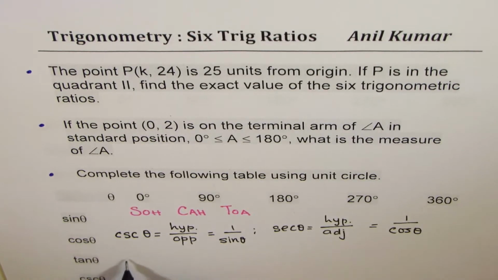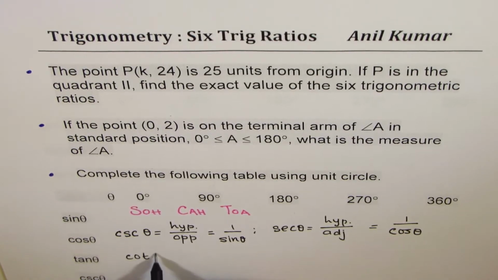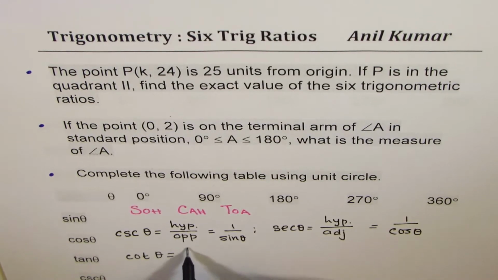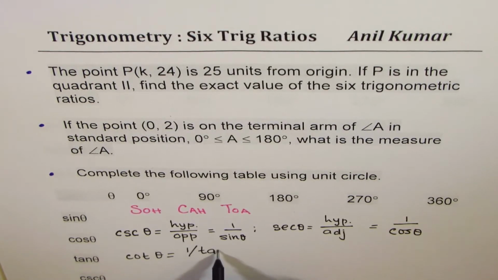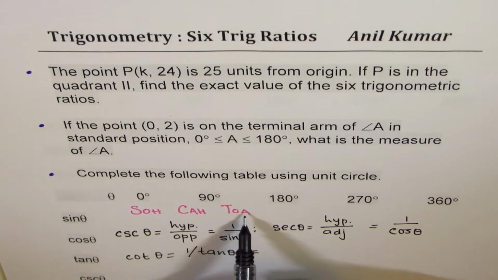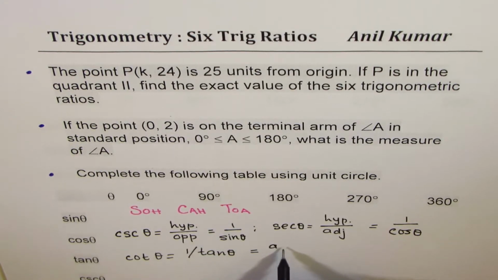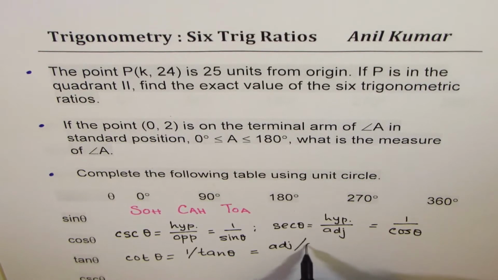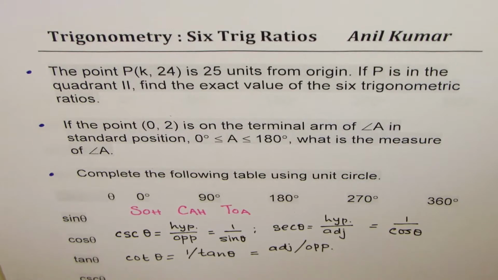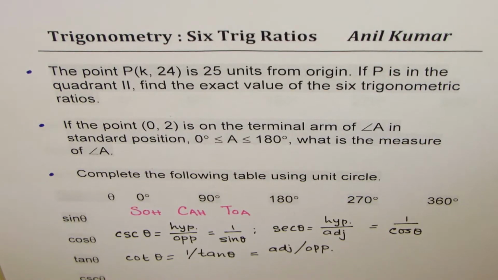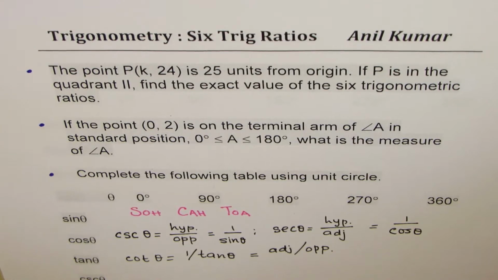And then we have cotangent theta, which is 1 over tan theta. And that could be written as adjacent over opposite side, right? Correct? So these are 6 trigonometric ratios on which we are going to work in this particular video.